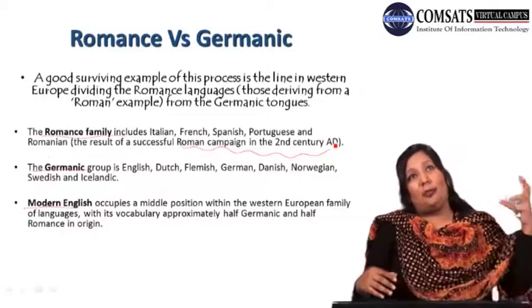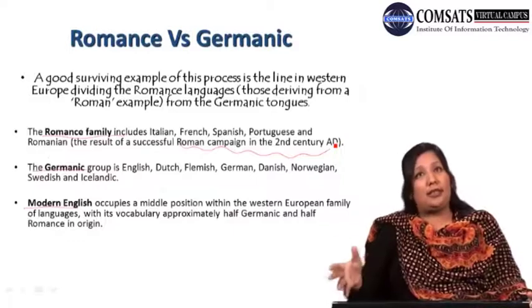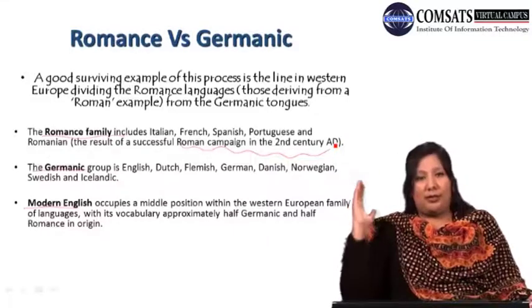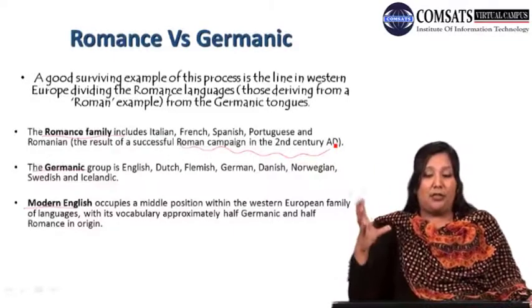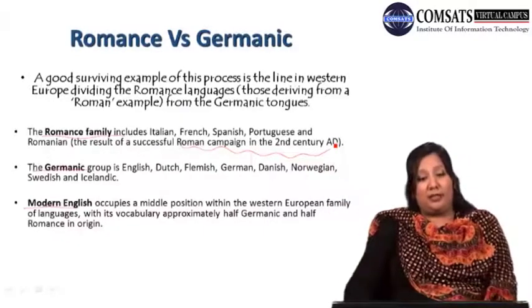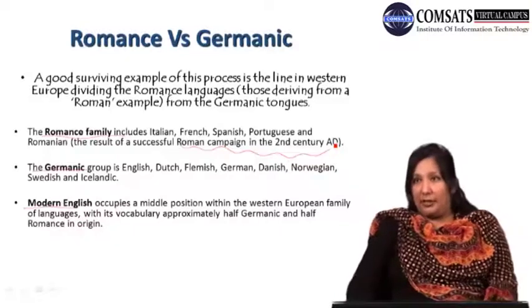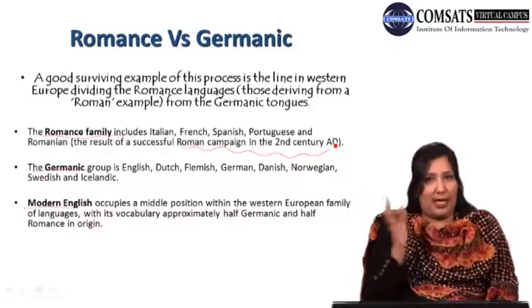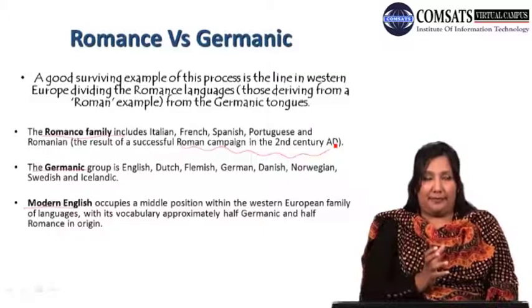On one side there are the Romance languages, on the other hand there are the branches of this European family of languages that is known as Germanic. On one hand we have Romance, on the other we have Germanic.